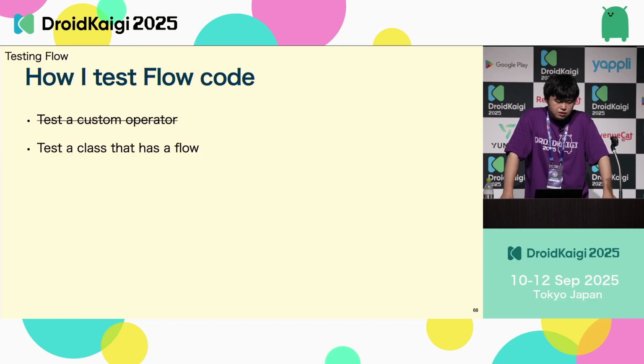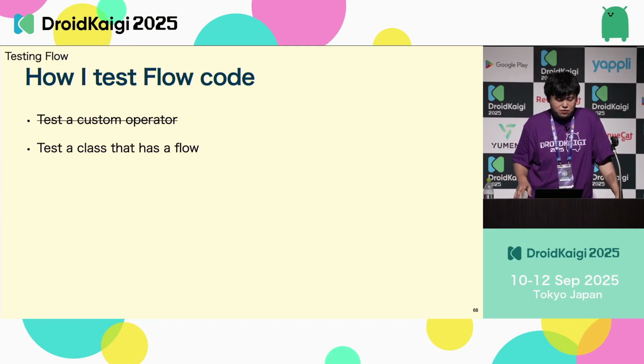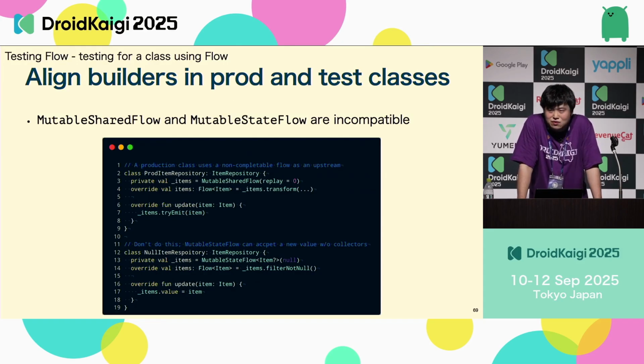So this is the final section. Let's see how to test a cross-using flow. I'm sorry, but I don't have a test template for this case, so I would like to share a few tips from my experience. This may feel strange if we are used to abstraction with interfaces, but it would be better to use the same flow builder for both the production implementation and the test class whenever possible.